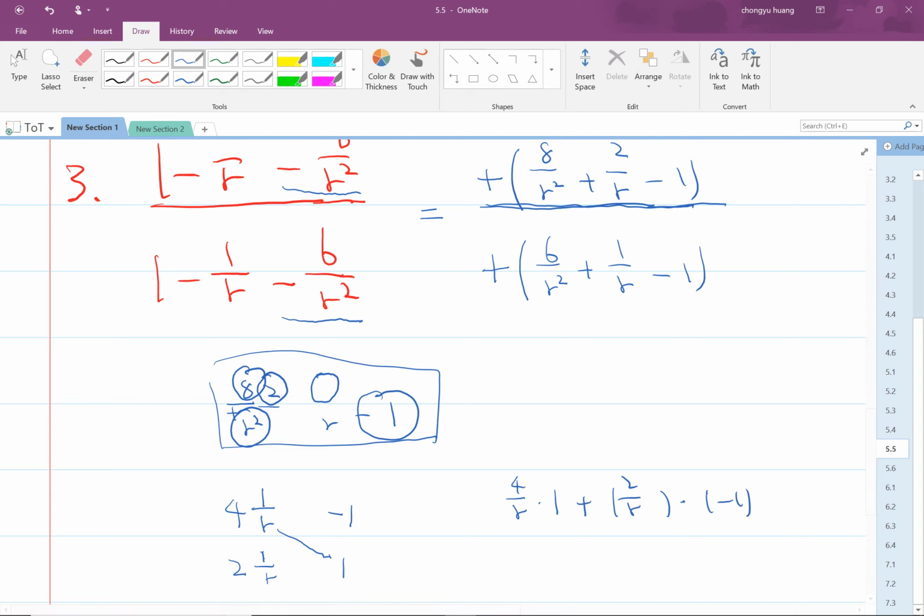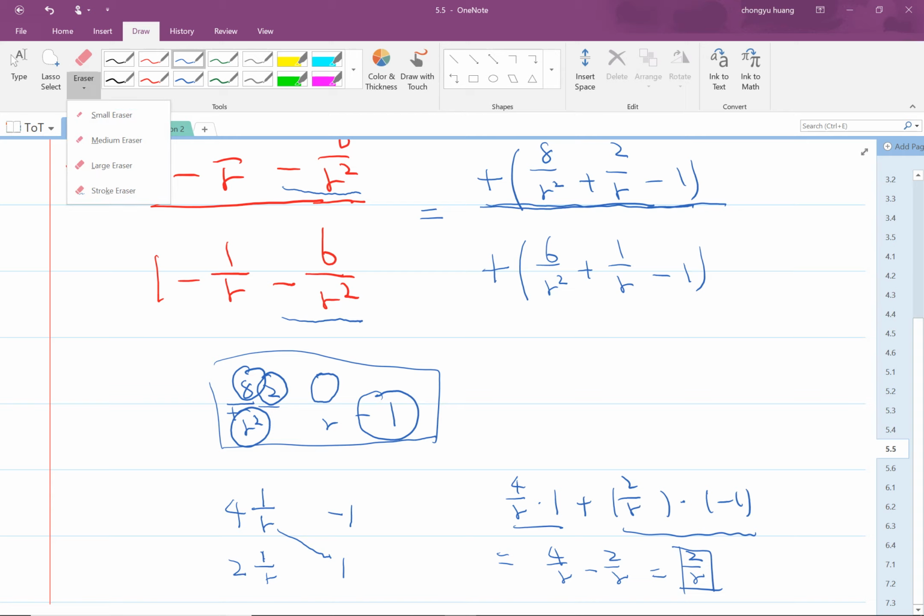So you see this one is just 4 over r, and then this one is actually minus 2 over r, right? It just basically becomes 2 over r, right? Okay, I think just some miswriting.